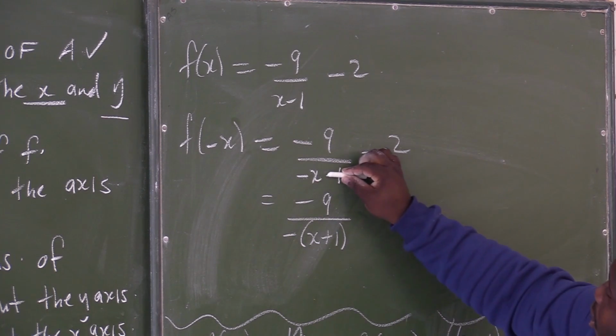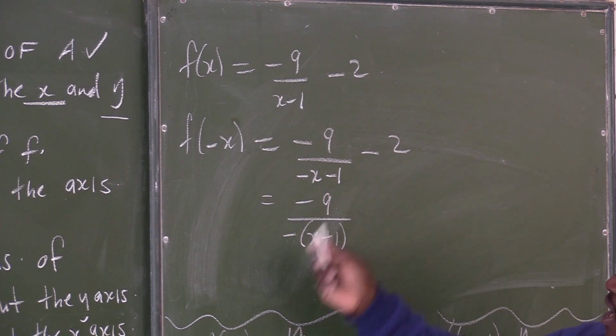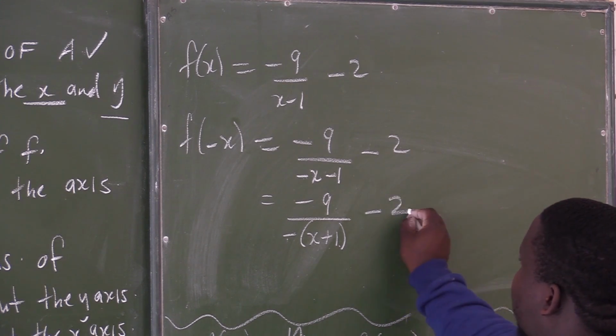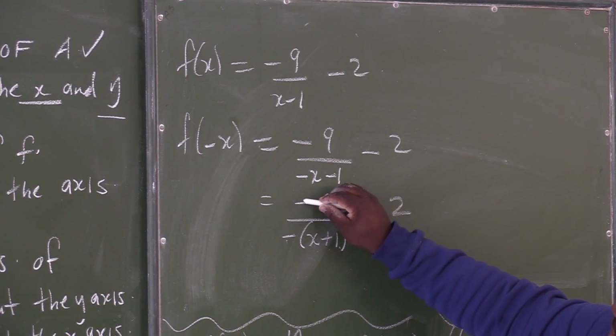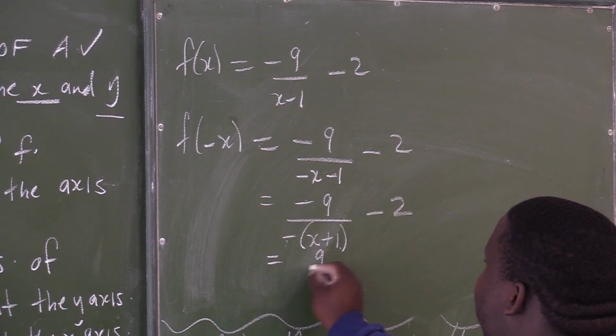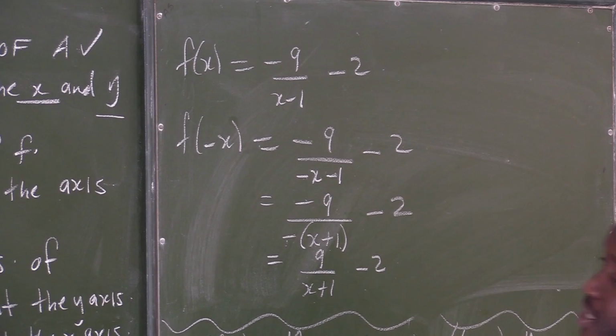It means the two are the same, because negative times x gives a negative x, negative times positive 1 gives a negative 1, and this is still a minus 2. Now a negative divided by negative gives you 9 over x plus 1, minus 2. This is the new equation.